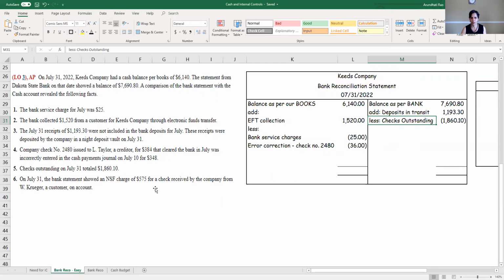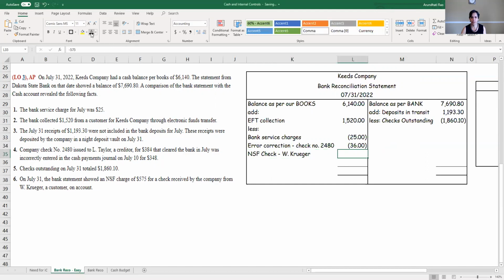The check has bounced. So what happened is when I received the check, my journal entry was cash debit, accounts receivable credit. So I had added this amount to my account. Now I have been told that that check is bad, that money is not in the bank. So what I need to do is I need to subtract this. This money is not with me, so I need to subtract it.